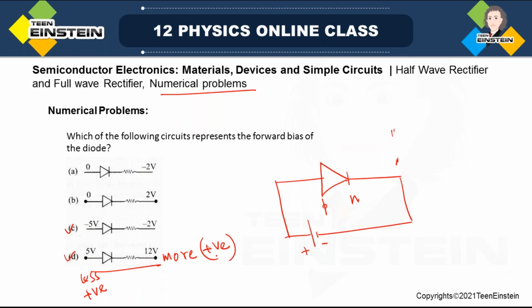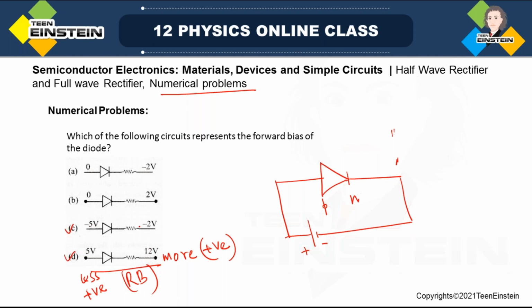By this way also we can understand whether it is forward or reverse bias. Since the P side is less positive than the N side, the diode is reverse biased.